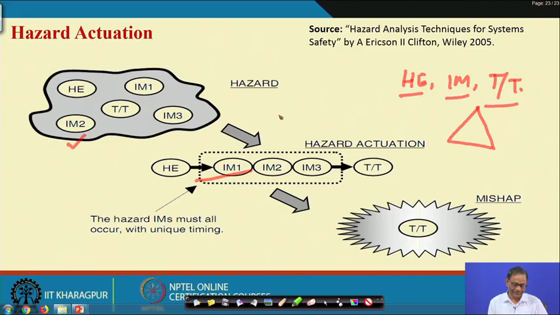And the job of the safety engineer is that the hazard and IM must not occur together. The hazard will be there, IMs will be there, target and threat will be there, but it should not occur, meaning this kind of chain sequence should not occur. Obviously, if there is no hazard, accident is not an issue, no question of accident.